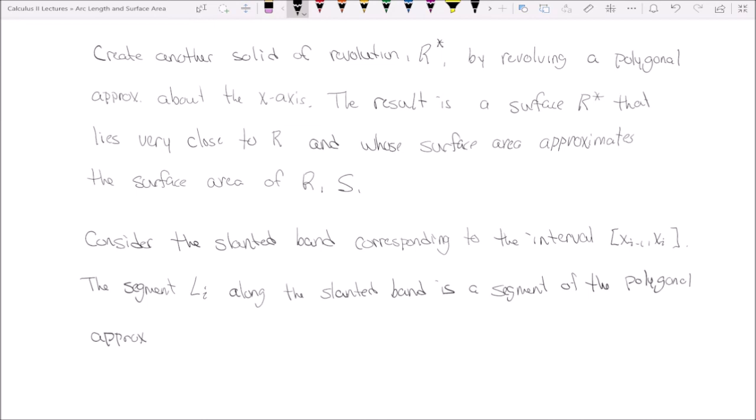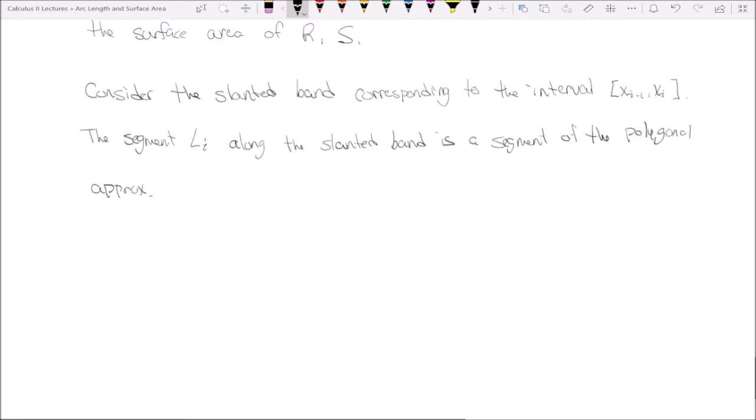Now we already know what the length is. This is our length for some c sub i in our interval.